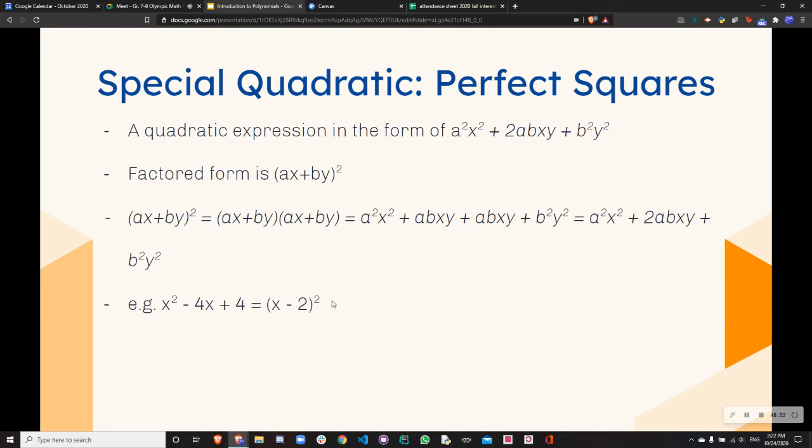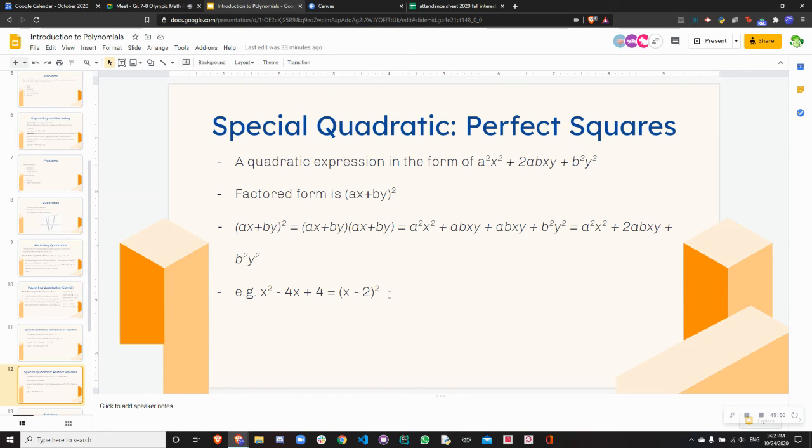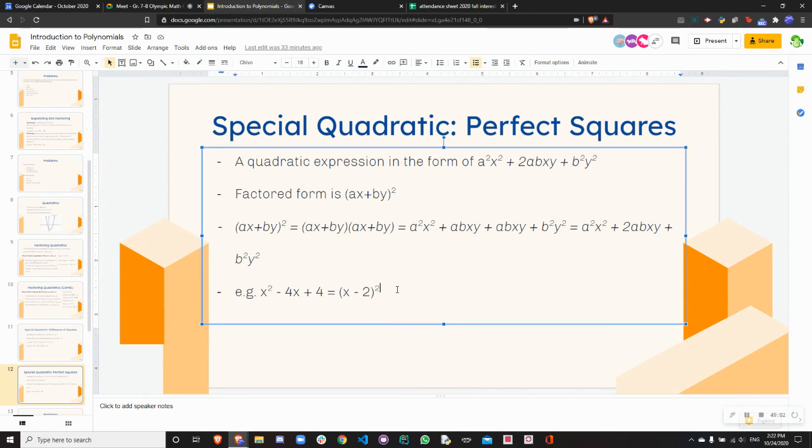I think that part was a little bit confusing, when I mentioned the negative 4x equal to 2abxy. Let me write it out like this. So 2abxy. Okay, so ax is equal to x in this case. by is equal to negative 2 in this case.